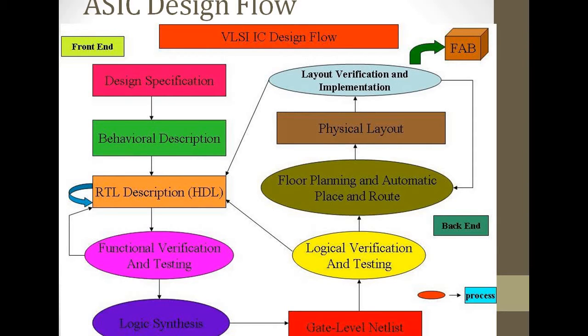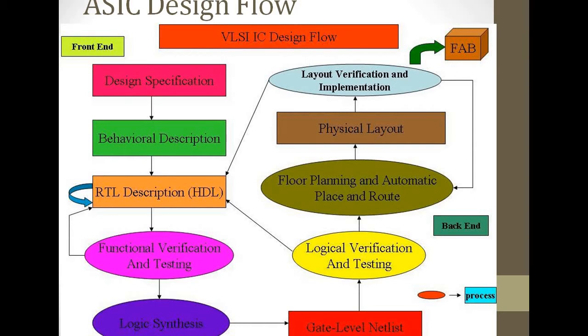And then after placing and routing, the layout will be done again by the CAD tools. So the physical layout will be generated, and this physical layout is verified and then given to the fabs for the fabrication process. So this is all about the simple ASIC design flow or VLSI IC design flow.